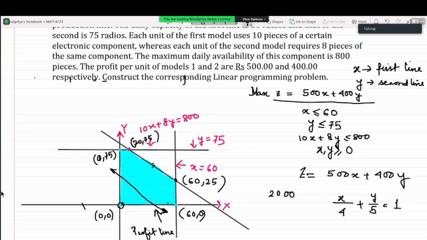The corner point which the profit line meets at the farthest should give you the corresponding profit, because your profit is lying in this blue area, the area in which all the inequalities are satisfied.